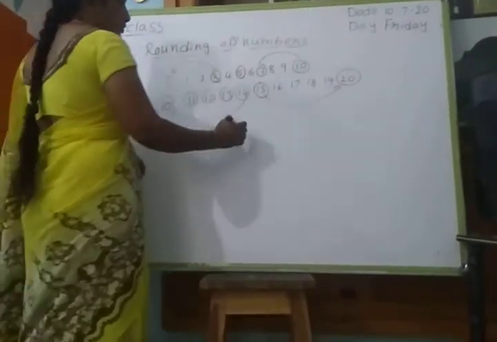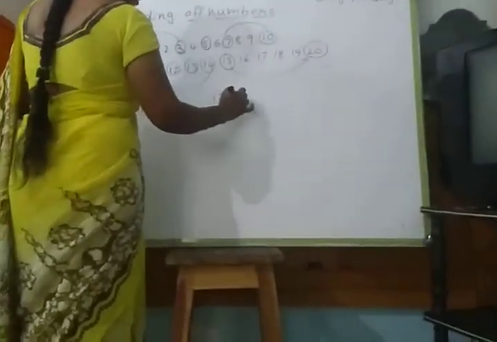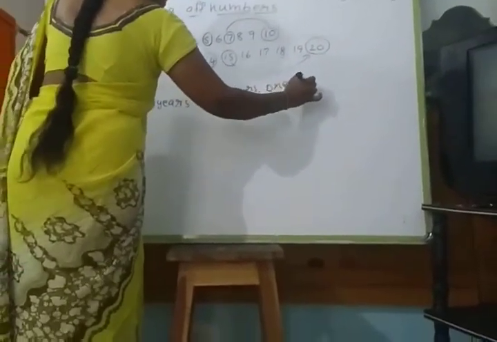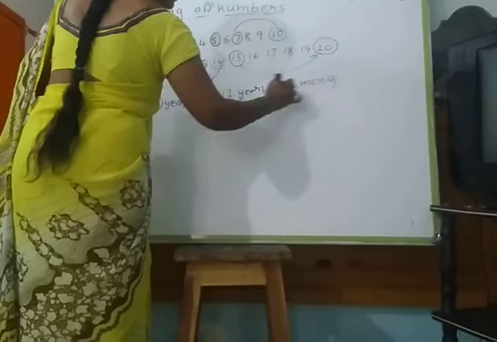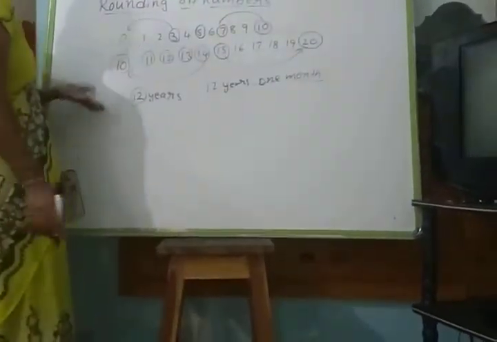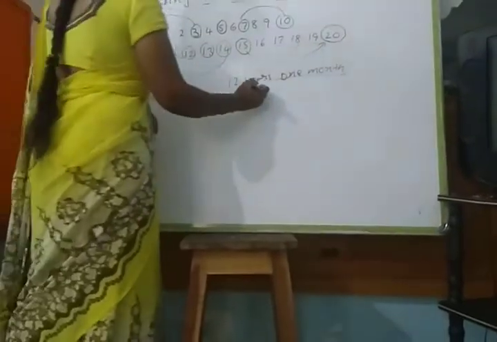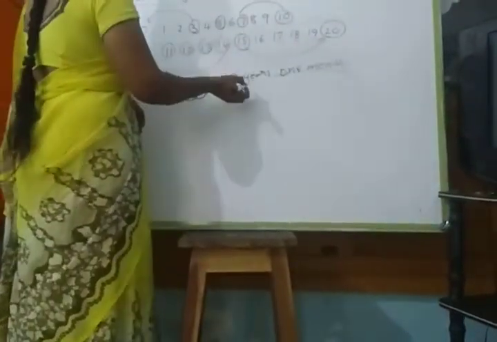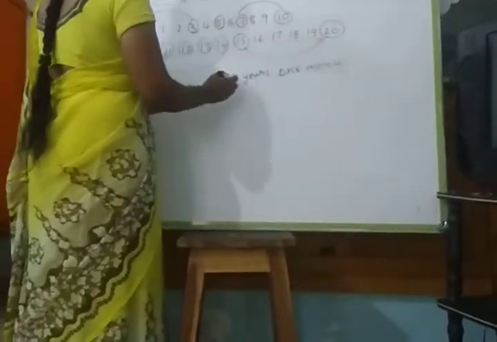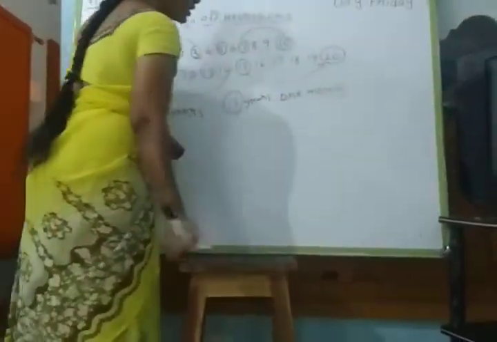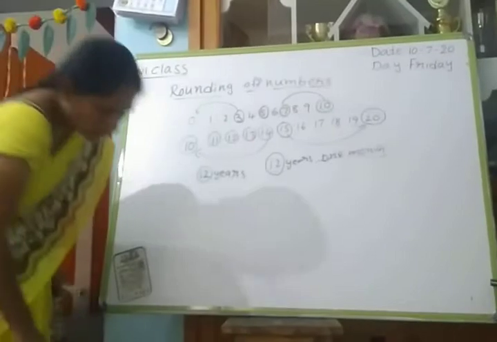But what is your actual age? 12 years 1 month, because 1 month is completed since your last birthday. But we are saying 12 years only. This is called rounding of numbers.